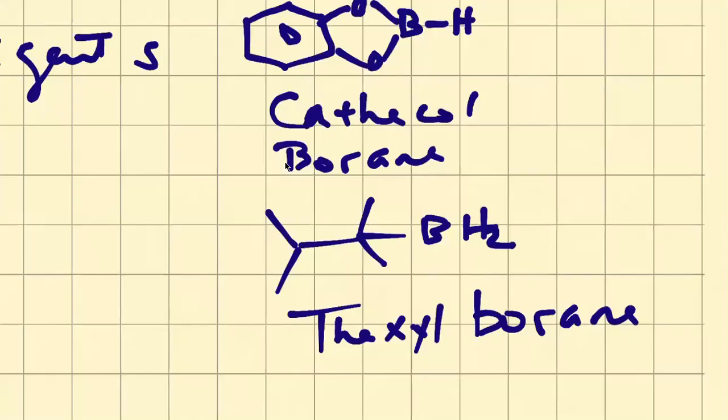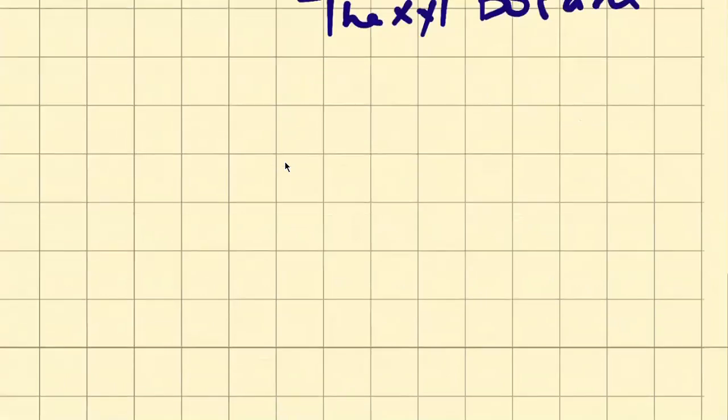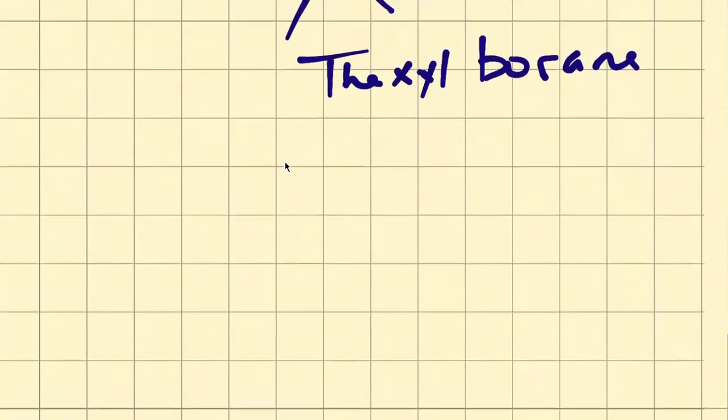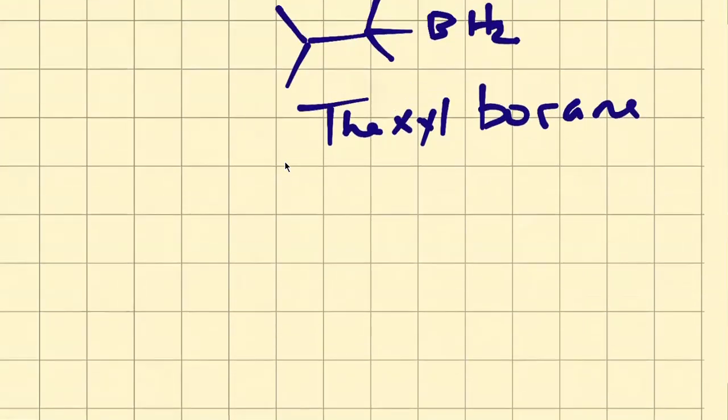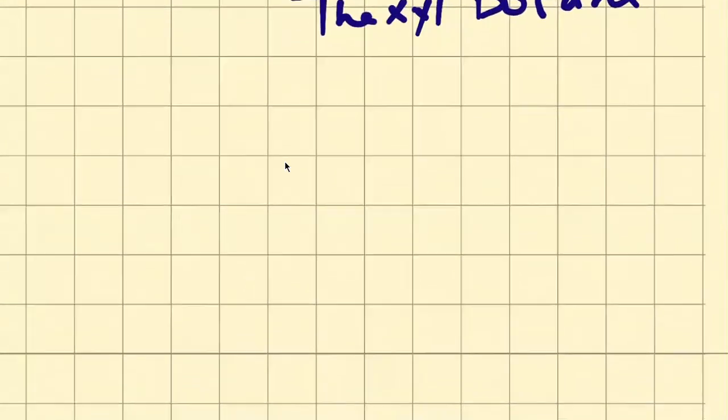All right. So with these hydrometallation strategies, you basically are going to be taking an alkyne and treating it with either, again, a borane or a zirconium complex, and adding across the triple bond.